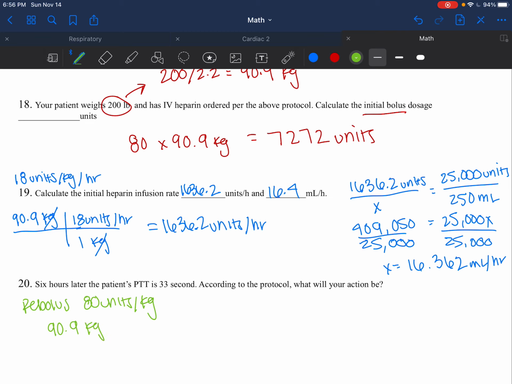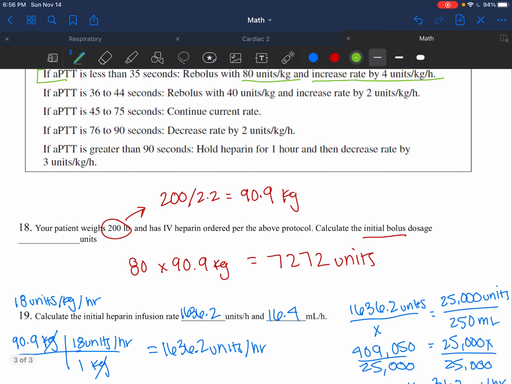This ended up being the same bolus that we had for our initial bolus when we started their drip, just because of what their PTT level was. So we're going to give them another bolus of 7,272 units.